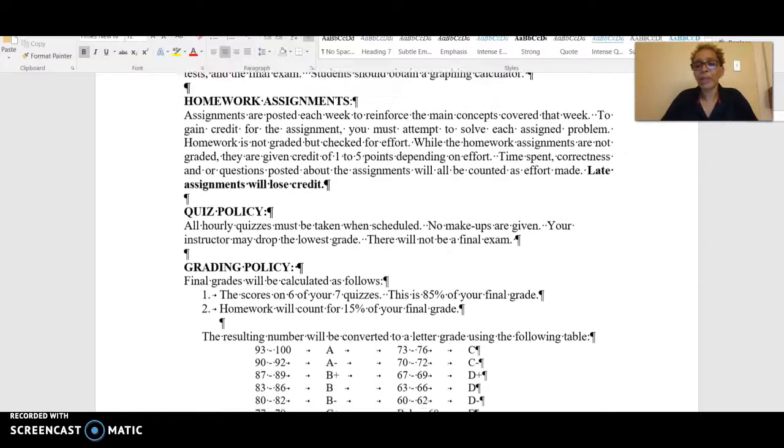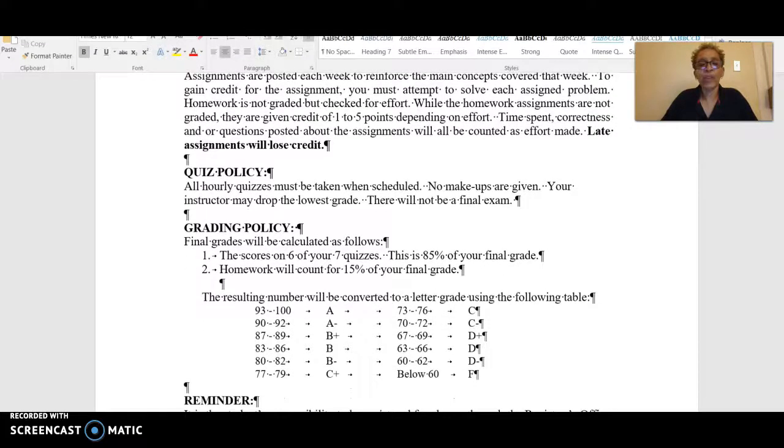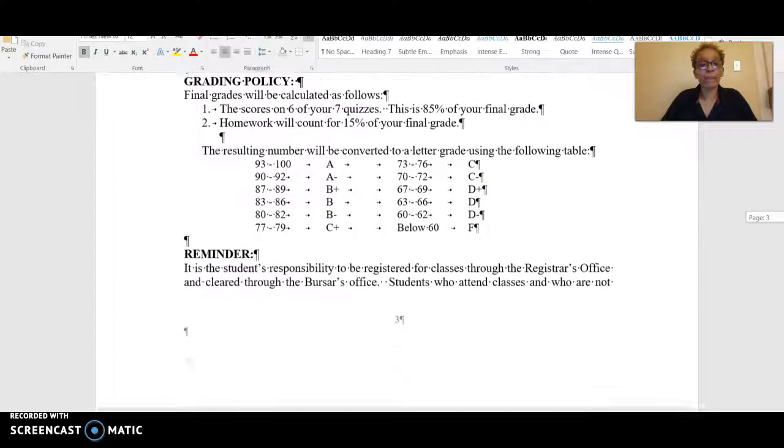This means not more than 10 questions, and your best 6 of 7 quizzes will be 85% of your grade. And the homework, the participation that you have doing the weekly assignments, will be the other 15% of your grade. And you know how the grades are given here. This is the scale, right? That's standard for Bloomfield College.